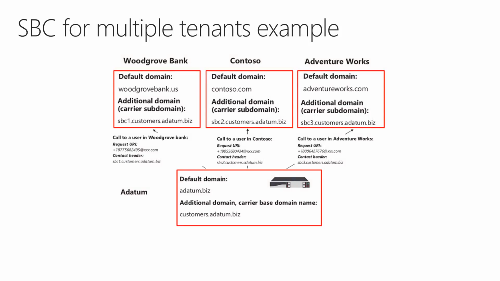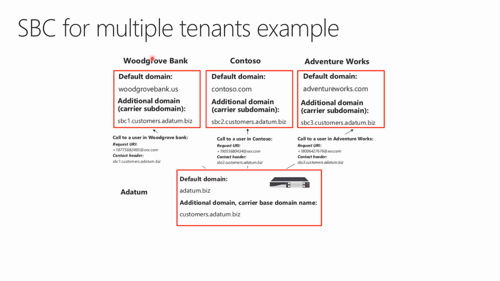Let's look at an example. So here at the bottom, we have Adatum, and Adatum is our carrier or hoster tenant. Again, just a regular tenant that's used by the carrier or hoster. They have their default domain, adatum.biz, and they add additional domains, the additional domain for all their customers, customer.adatum.biz.